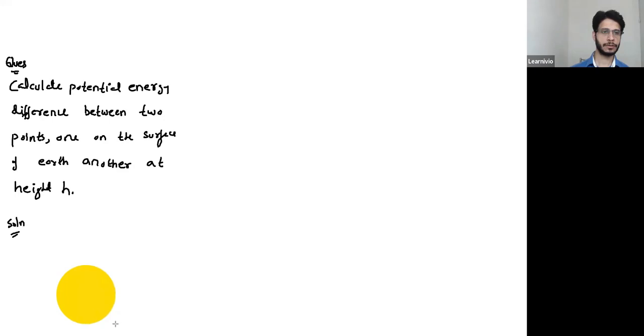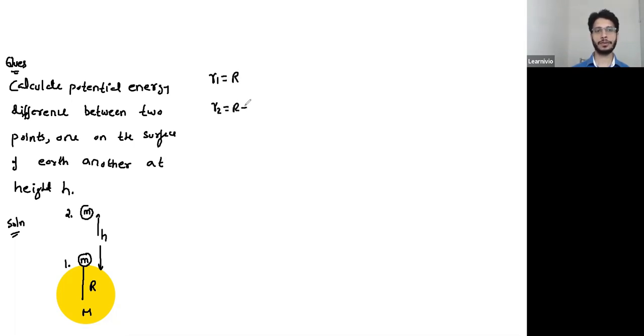So this is Earth. The mass of Earth is capital M. The radius of Earth is capital R. I take one point on the surface of Earth, that's small m. I take another point at a height h. This is point 1, this is point 2. So your R1 is R, your R2 is R plus h. One is on the surface of Earth, another is at height h, so that's R plus h.